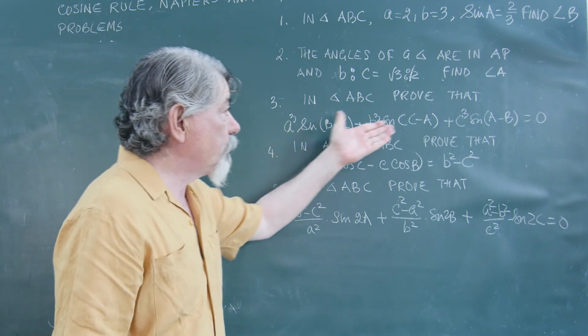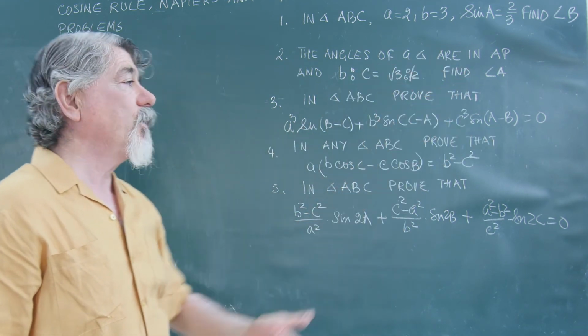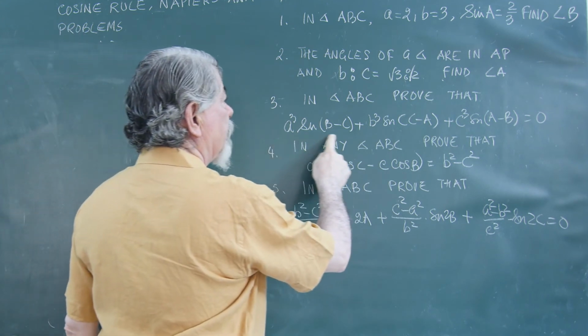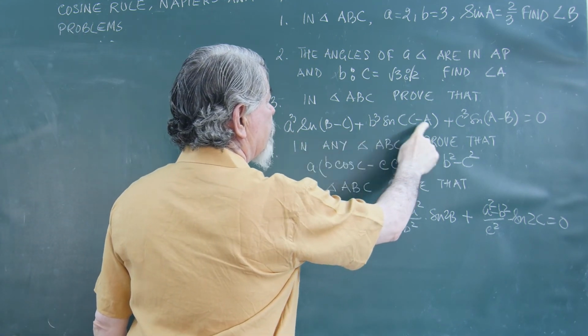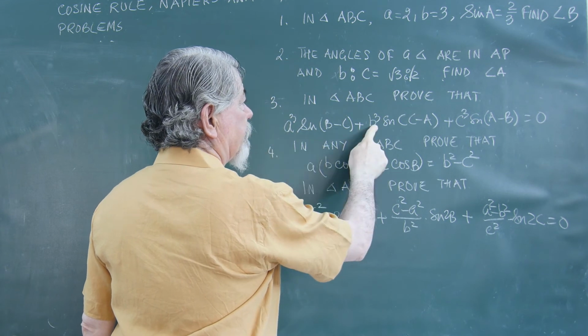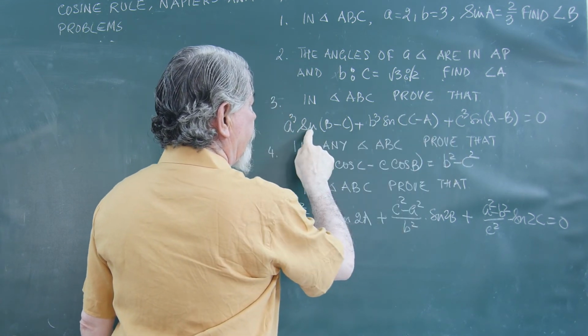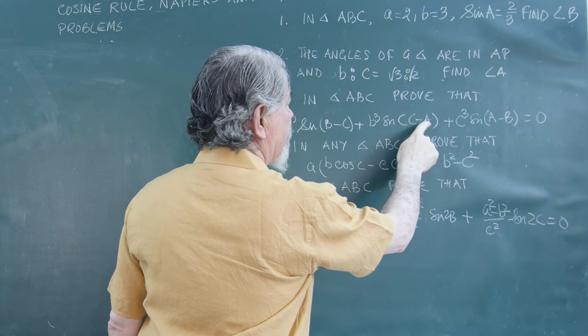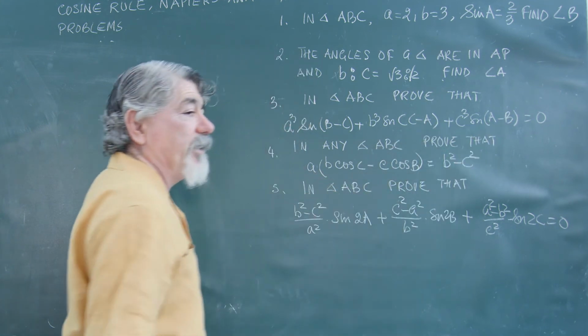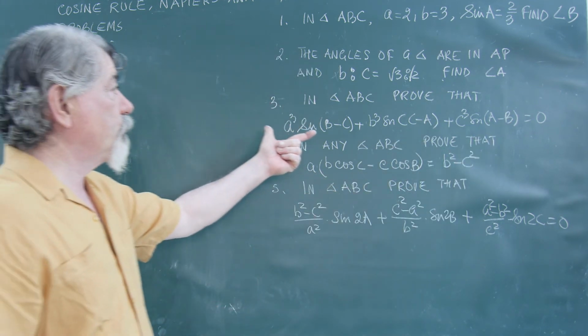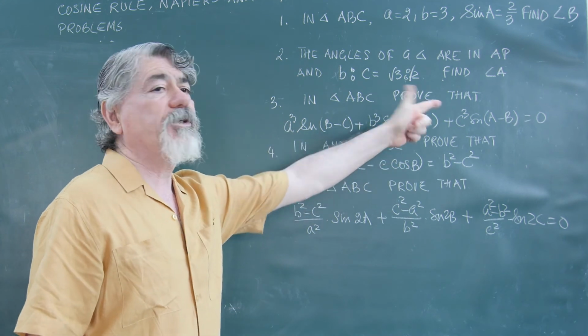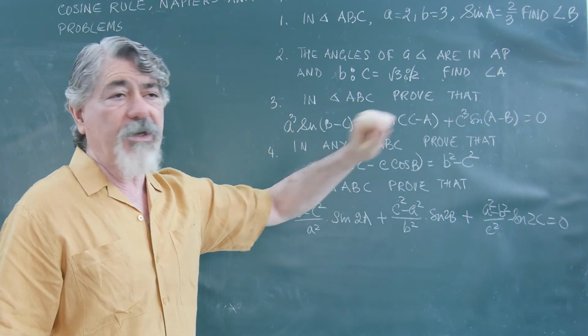If I solve them all together, it will be a very long calculation. I'll take one term because all the terms are similar. If it is a cube here, it is b cube here, it is c cube here. If it is sine B minus C, sine C minus A, sine A minus B. So they are similar terms. If I am able to solve one term, the others will be solved similarly.